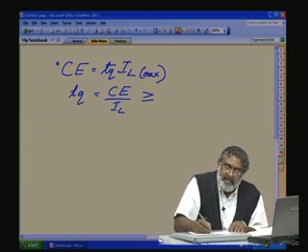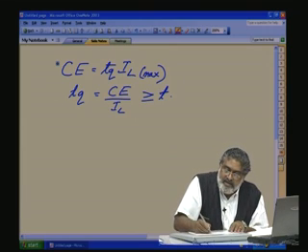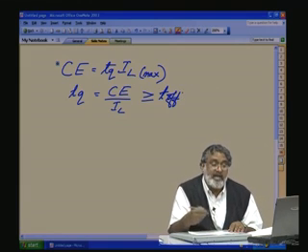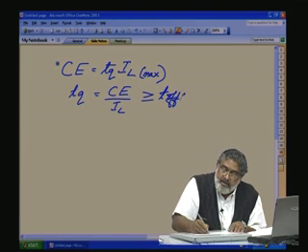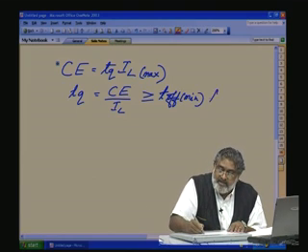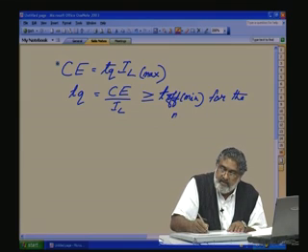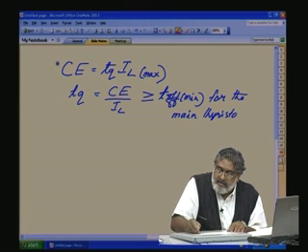So, it should be greater than T of minimum. T of minimum will be specified in the data sheet for the main thyristor S1.